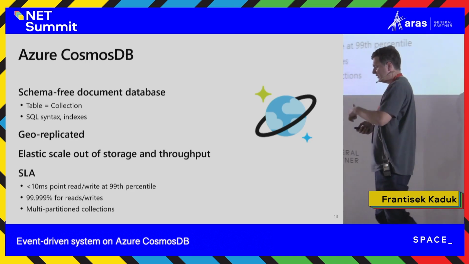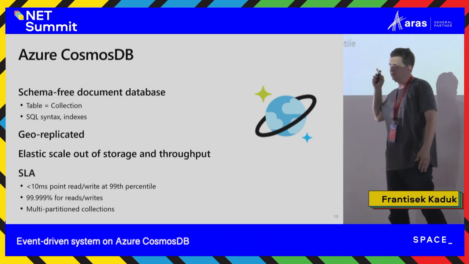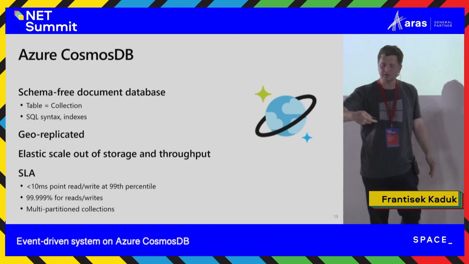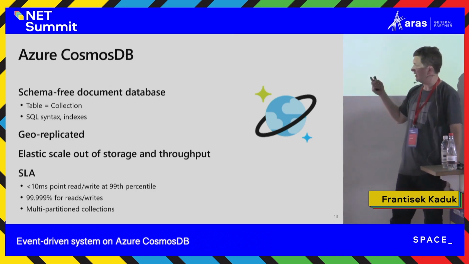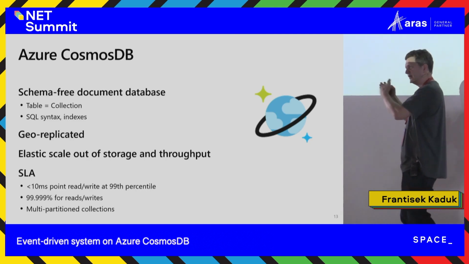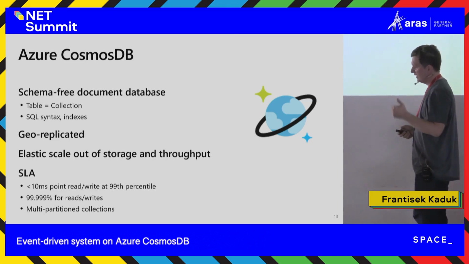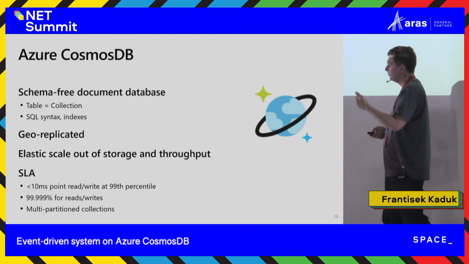But for us it was also very important that they have a very nice SLA. They are able to serve reads and writes within 10 milliseconds, and they have 5 nines. And in order to meet these strict limits, the way to go is with a multi-partition collection.